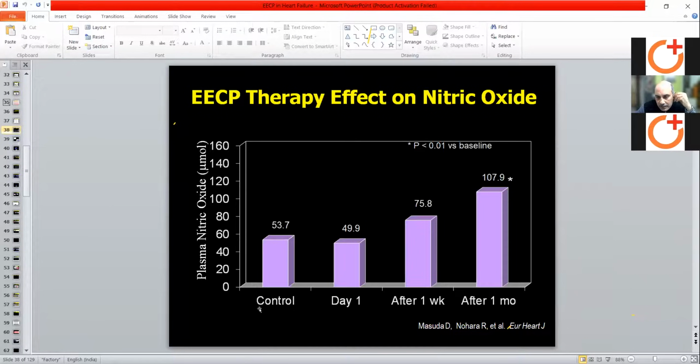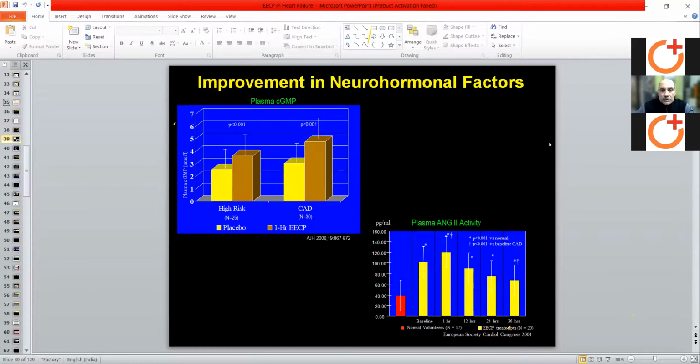And this is the data which I have taken from European Heart Journal from control to day one, first week and first month. There's a consistent improvement in the nitric oxide effect, which would increase the vasodilation and reduce the afterload. This is one of the mechanisms.